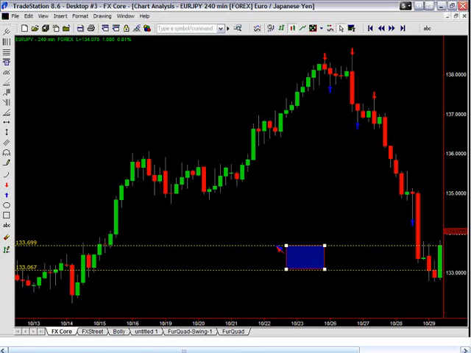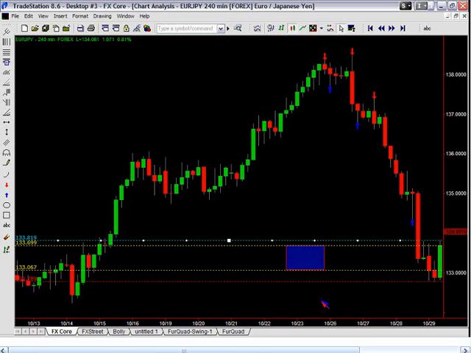This red line is going to be the low of the bar, and that blue line is going to be the high of the bar. So what I can see straight away, by blending two bars together, is that this is going to be an engulfing bar. It engulfs the high-low range of the previous bar.